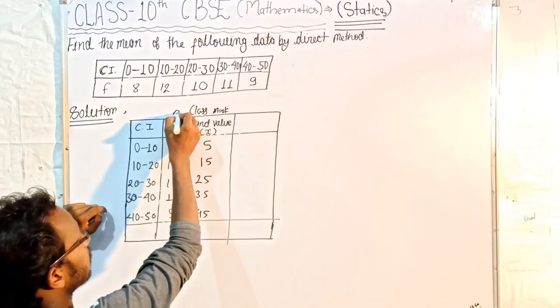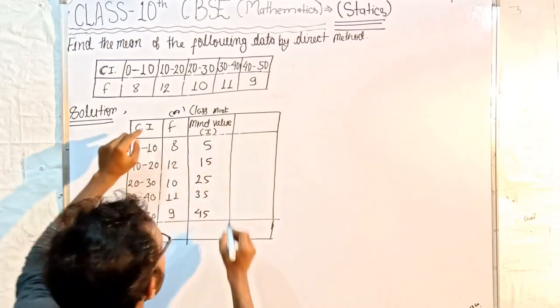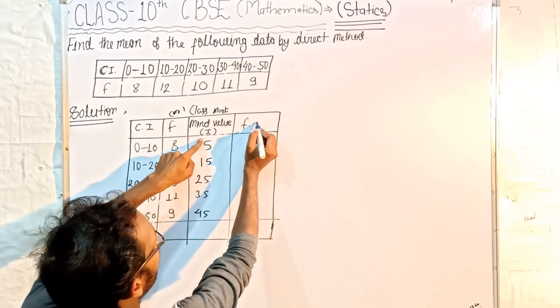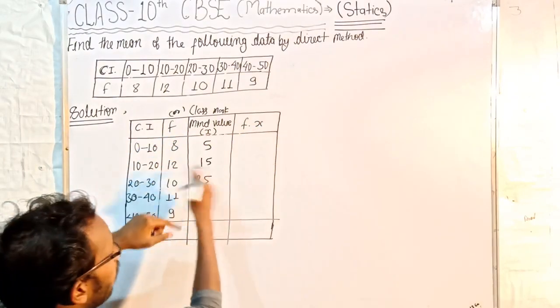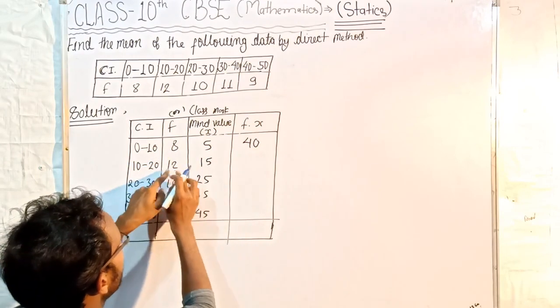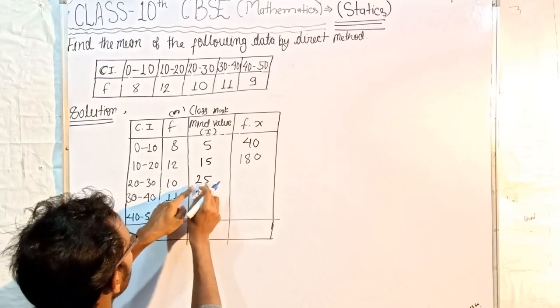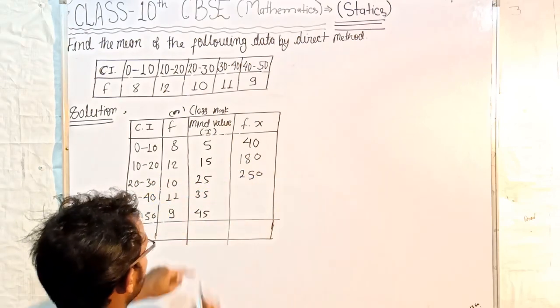Okay, you can say this. Now we will find the product of frequency and this class mark. The product of frequency and class mark. Find here 8 5s are 40. Okay, and multiply this 12 and 15, how much? 180. If you multiply 25 by this 10, then you will get how much? 250.